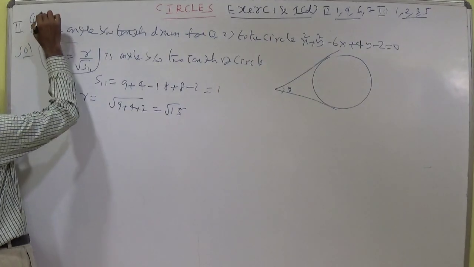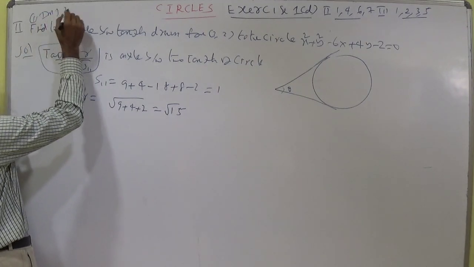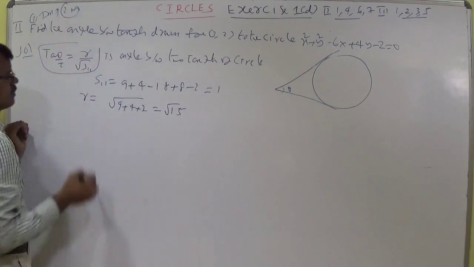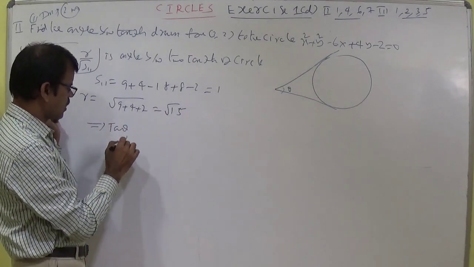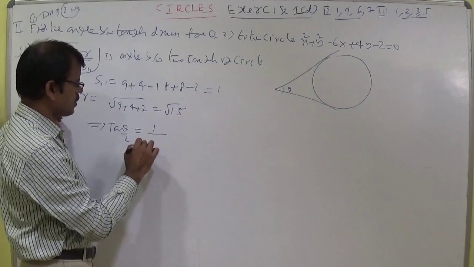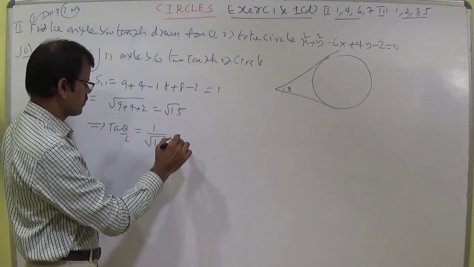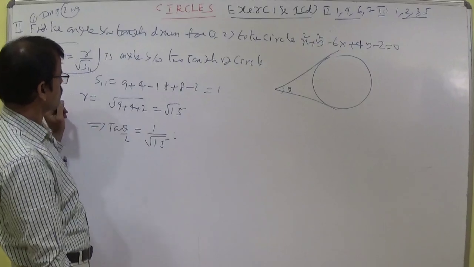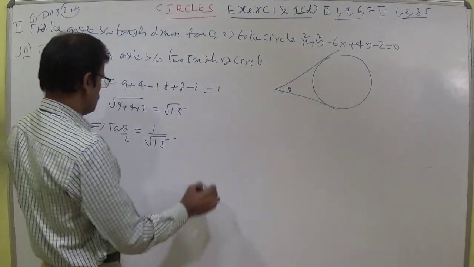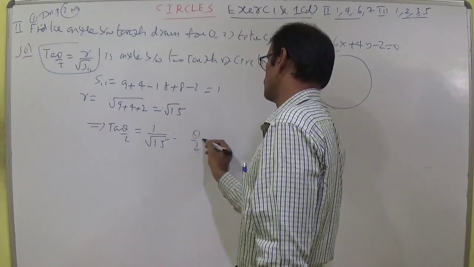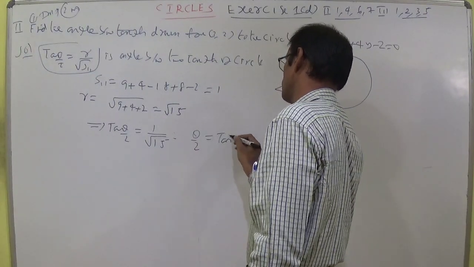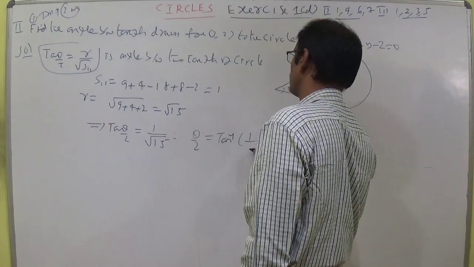Students, put this is an IMP 2 marks question. You can write the formula tan theta by 2 is equal to r by root s11. It is 1 by root 15. No, I have written it in reverse.